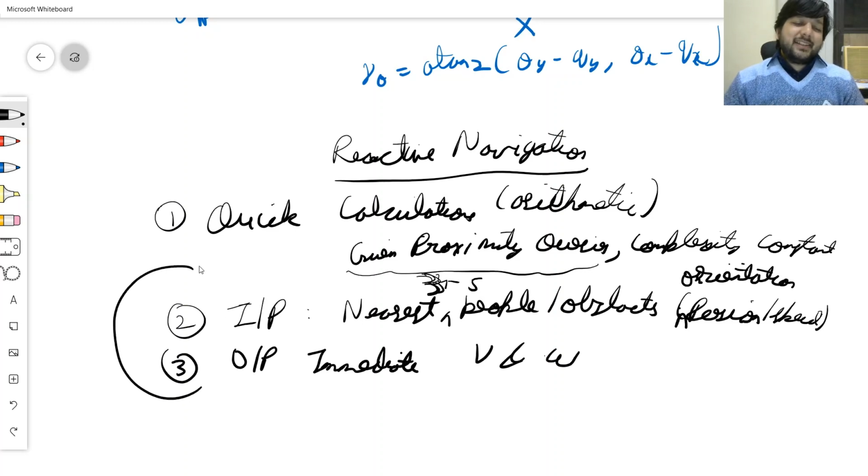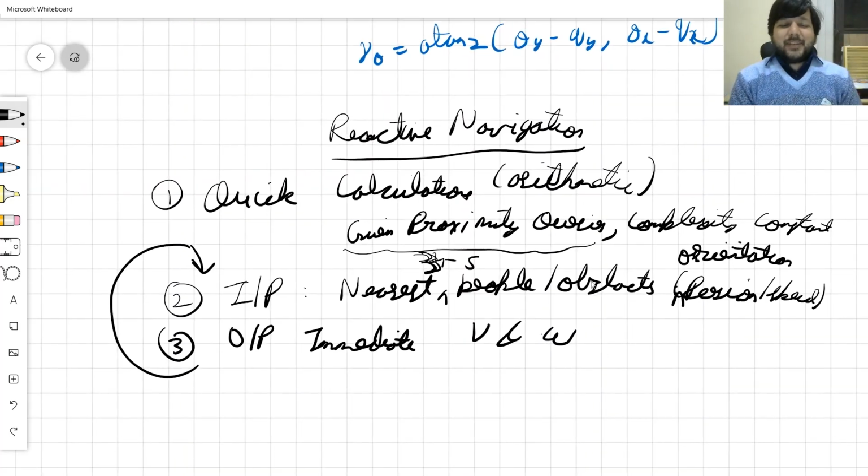And I do this thing in a loop. I make an immediate move, I move the agent, I again look around, I make the agent move.